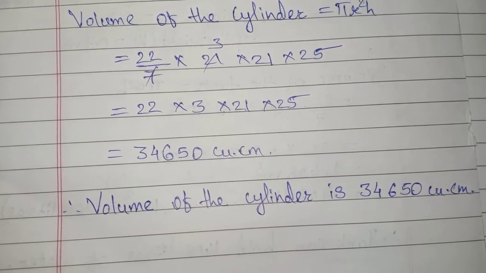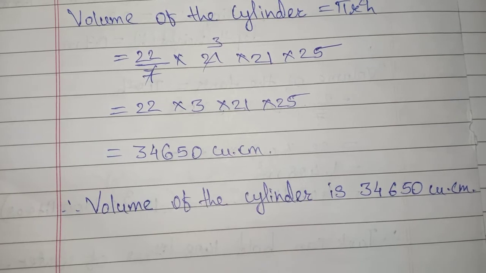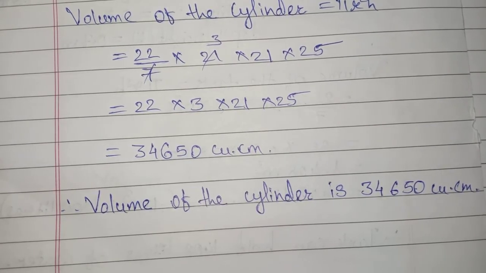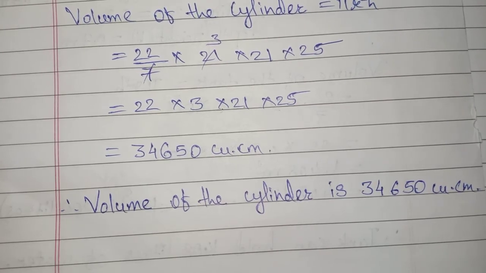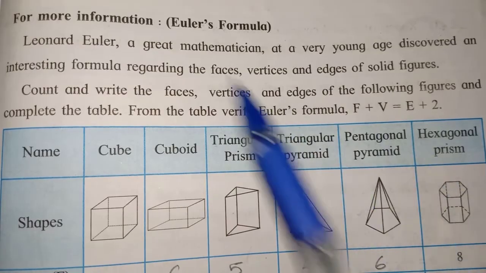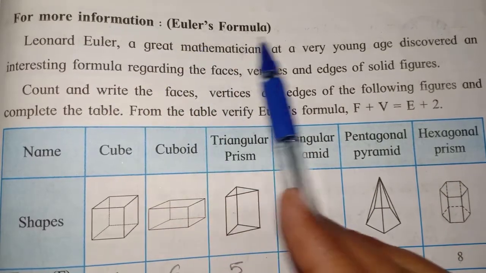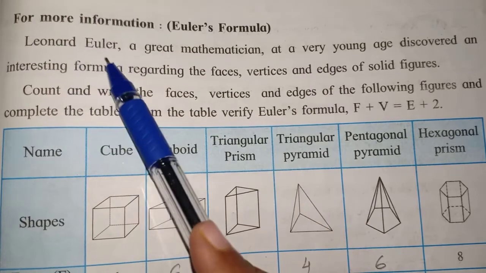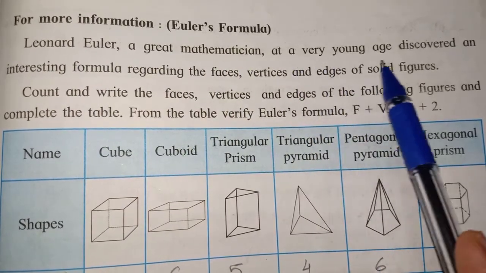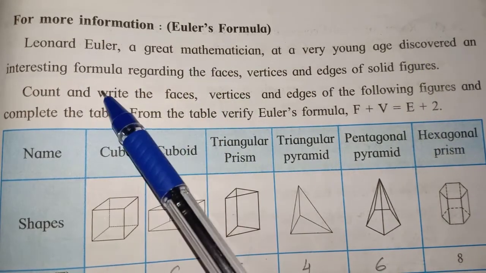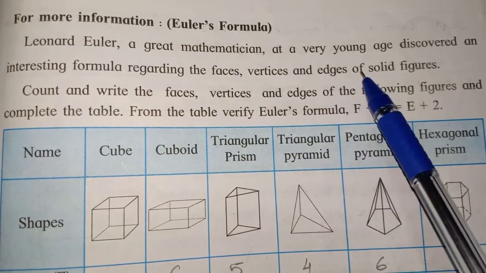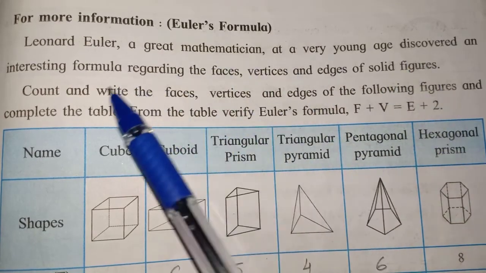But one more thing we have to discuss from this lesson, that is Euler's formula, which is given in your textbook on page number 113. See children, Euler's formula. Leonhard Euler, a great mathematician, at a very young age discovered an interesting formula regarding faces, vertices and edges of solid figures.